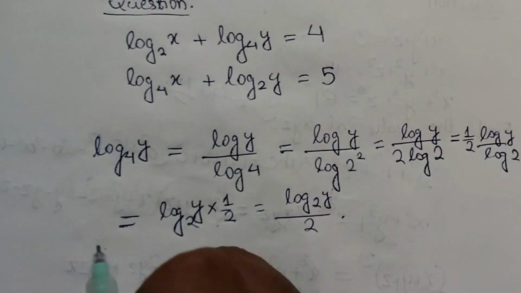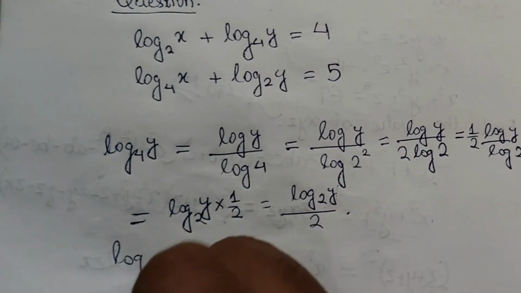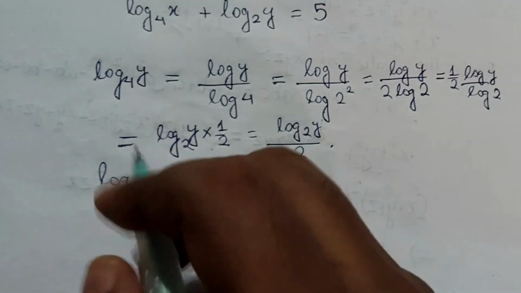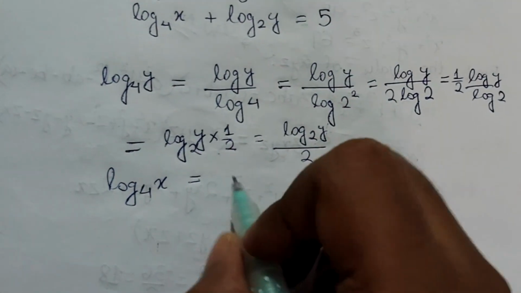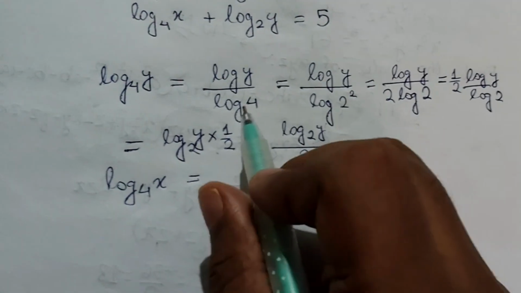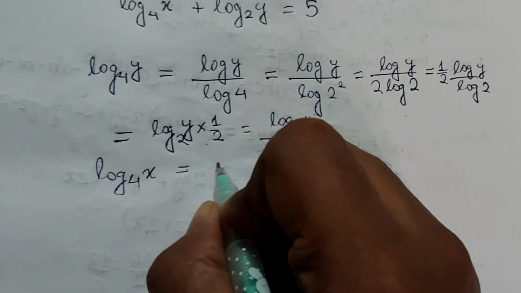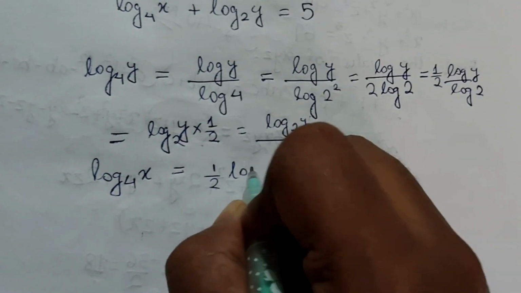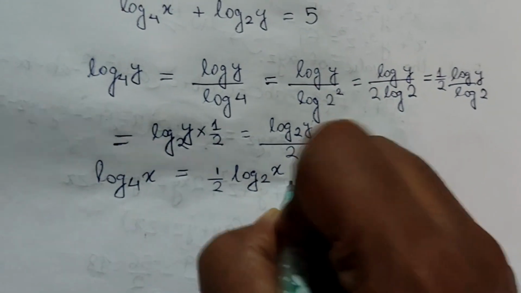Now we do the same for this log base 4 of x here. Again we can just directly write it because we have already done the calculation here. So this can be written as half of log base 2 of x. Okay.